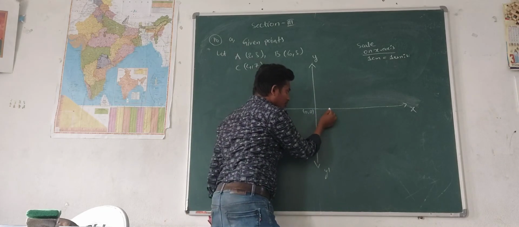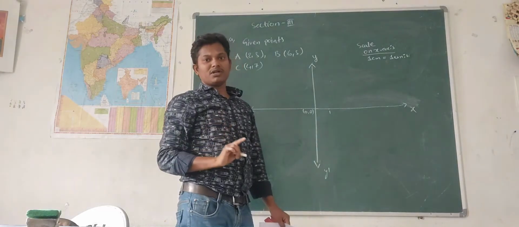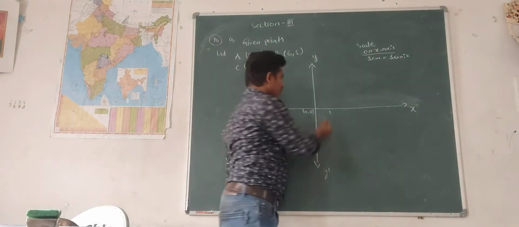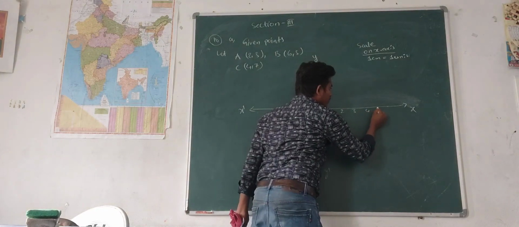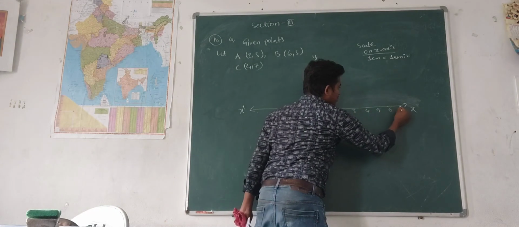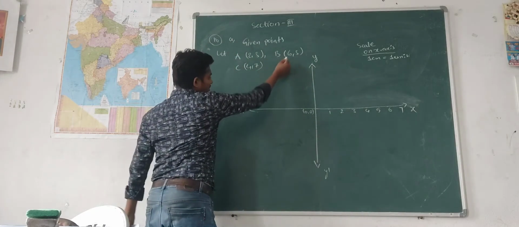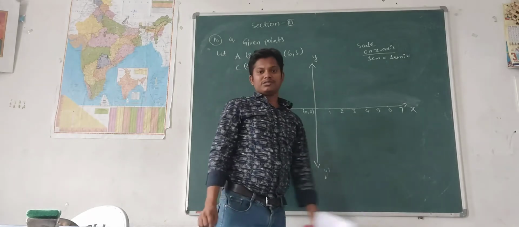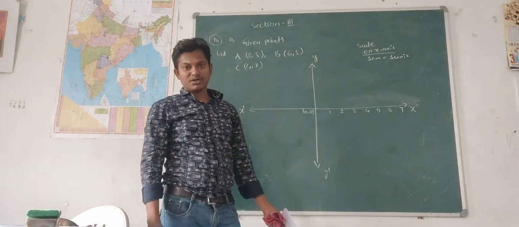From 0 up to this point is 1 centimeter. So 1, 2, 3, 4, 5, 6 and 7. We have to take up to 6, this much is enough, but I have taken up to 7. That's my rough diagram. And you have to take up to 7 also.